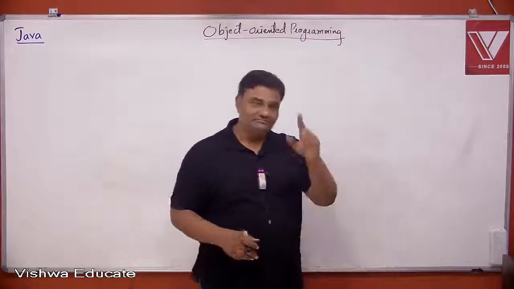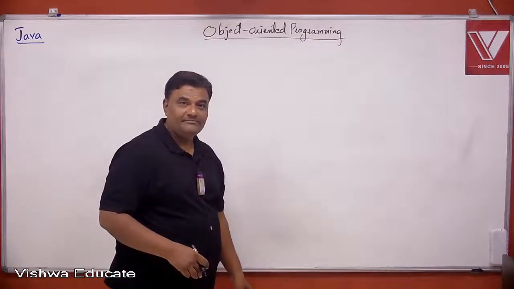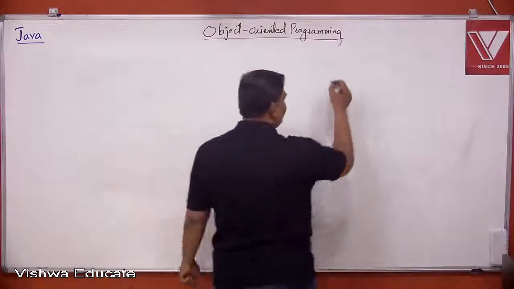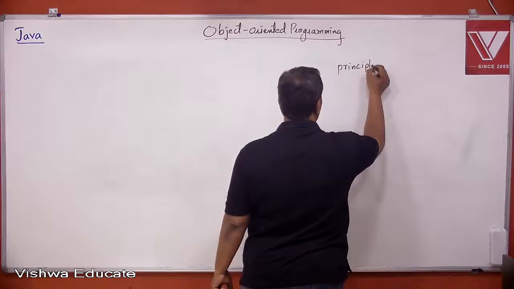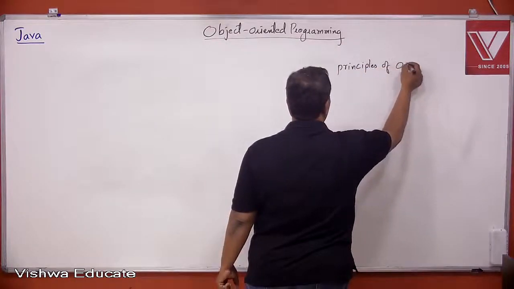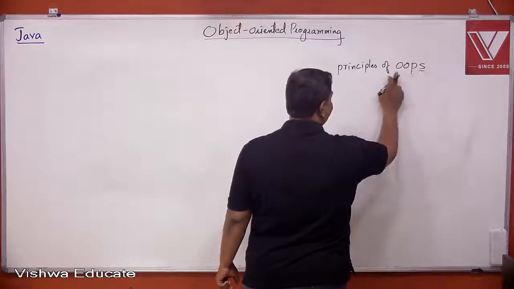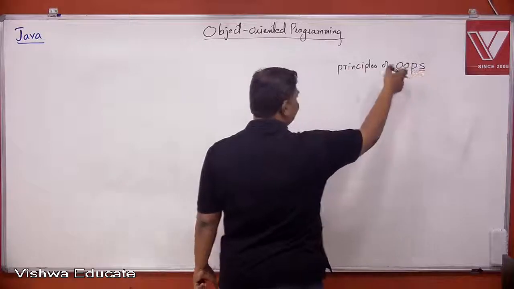Okay. Now let us start. OOPS, object-oriented programming. That is, we will write the principles of object-oriented programming. Object-oriented programming, OOPS, is just a phrase, just a word, where an S is added.